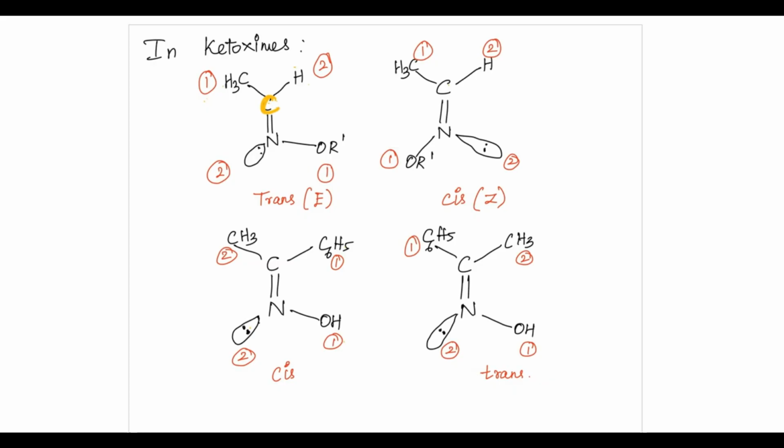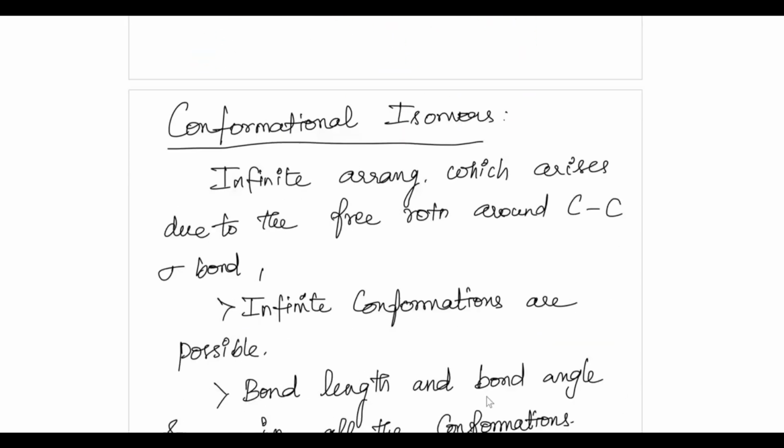Higher atomic number, which makes it number 1 and hydrogen as 2. Similarly, if I have lone pair and oxygen, lone pair always gets least priority. Okay, so lone pair be 2 and OR is 1. So as you can see, here this is opposite to each other, which makes it trans, E isomer. And here I have same side, that is cis isomer, that we are writing here as Z isomer, Z. You can see the second example as well for ketones.